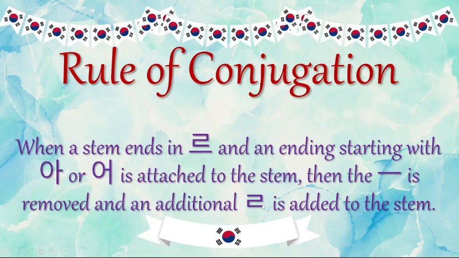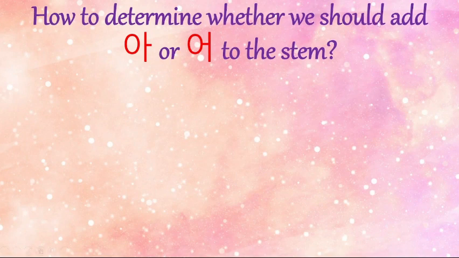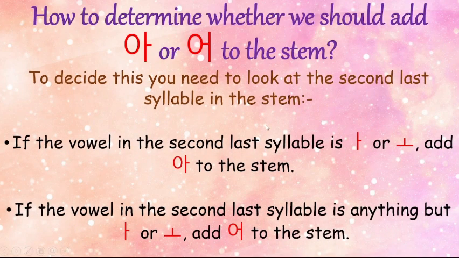Okay, now how you are going to determine whether you have to add a or o to the stem while doing the conjugation? So to decide this, you need to look at the second last syllable in the stem. Okay, if the vowel in the second last syllable is either a or o, then you have to add a to the stem.